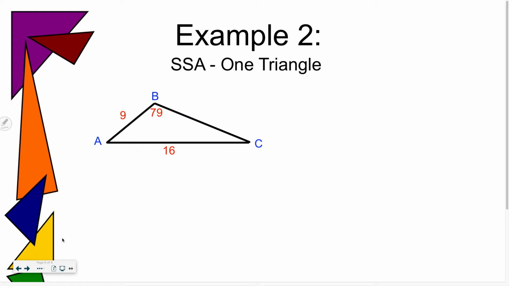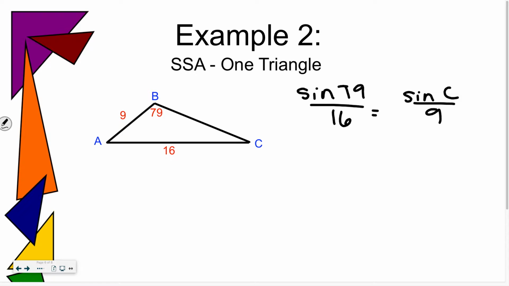B's. So we write sine of 79 over 16 equals, and we want to find angle C, the sine of C over 9. When I cross multiply, I get 9 times sine of 79 equals 16 times sine C.